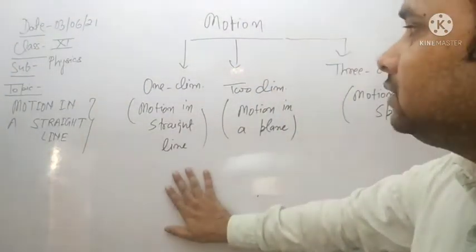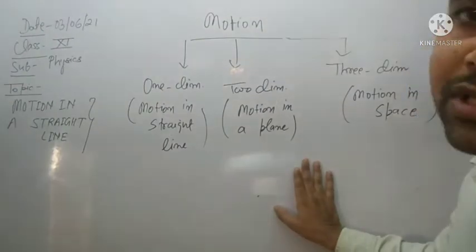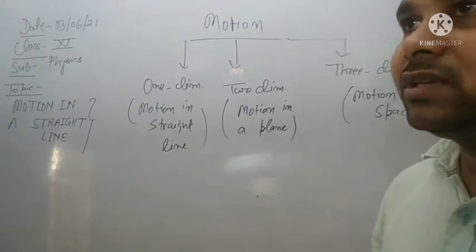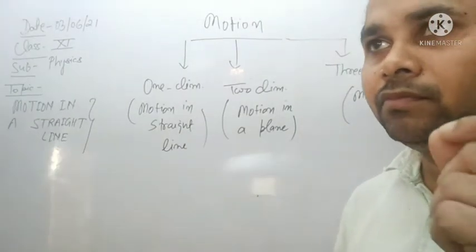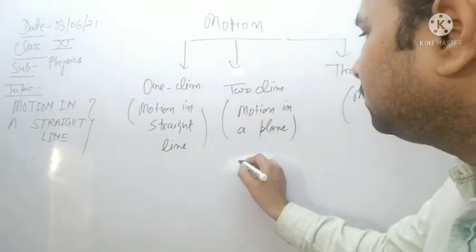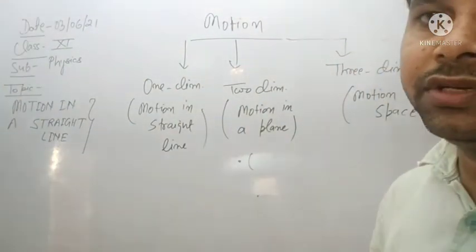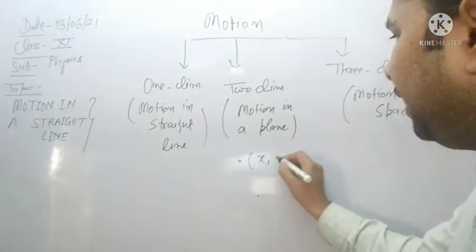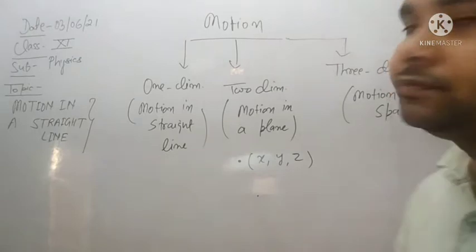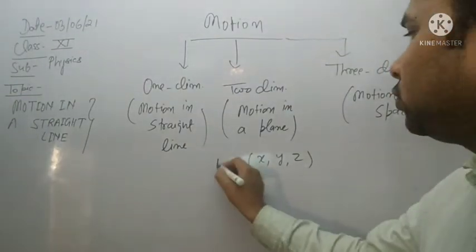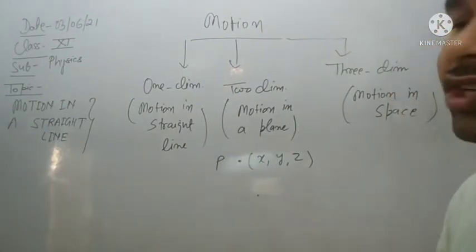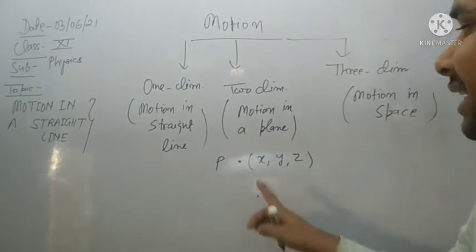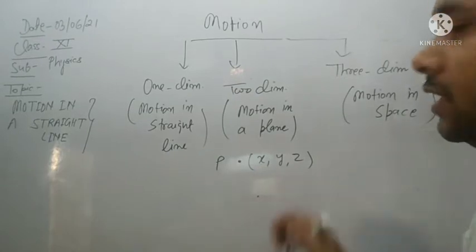Now there are 3 categories: one-dimensional motion, two-dimensional motion, and three-dimensional motion. First of all, suppose a body has its initial position with coordinates x, y, z. Suppose P is the initial position of the object, which has coordinates x, y, z.